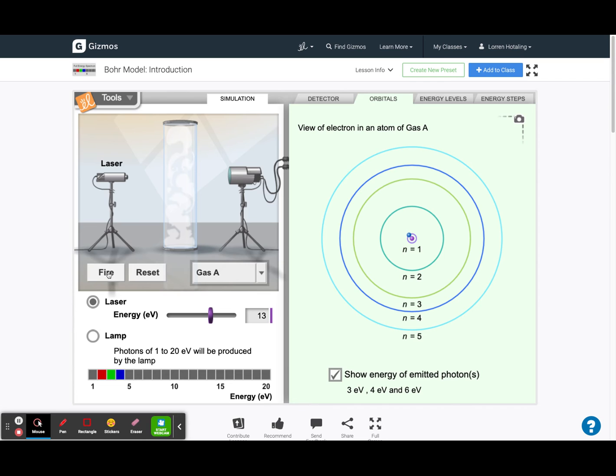So that's 3 distinct photons. And that's from the 4 to the 2 to the 1. 4 to 3 to 2 to 1. 4 to 2 to 1.